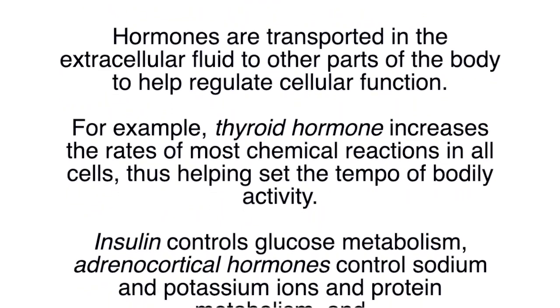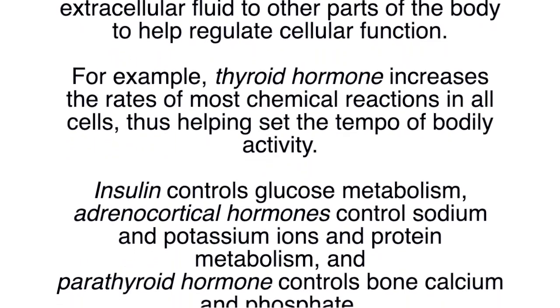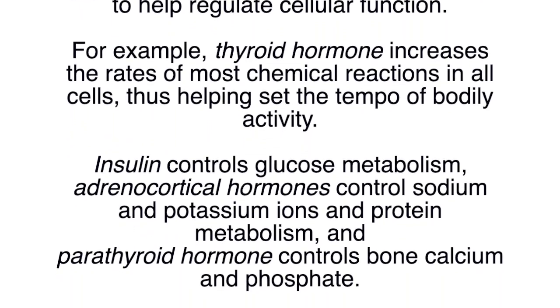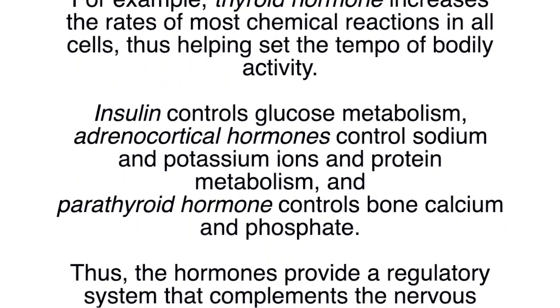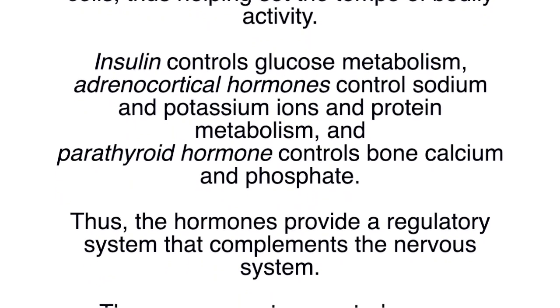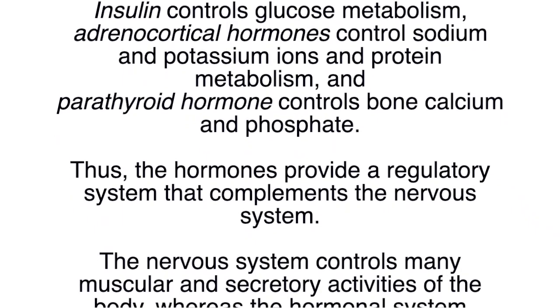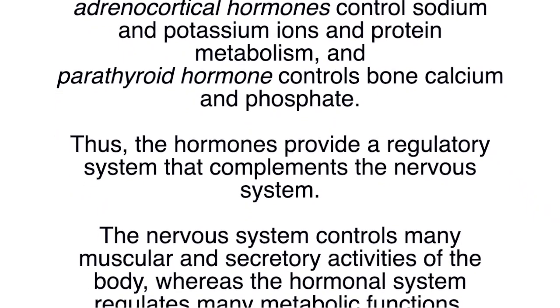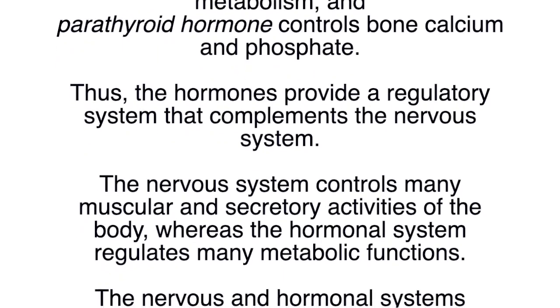For example, thyroid hormone increases the rates of most chemical reactions in all cells, thus helping set the tempo of bodily activity. Insulin controls glucose metabolism. Adrenocortical hormones control sodium and potassium ions and protein metabolism. And parathyroid hormone controls bone calcium and phosphate.